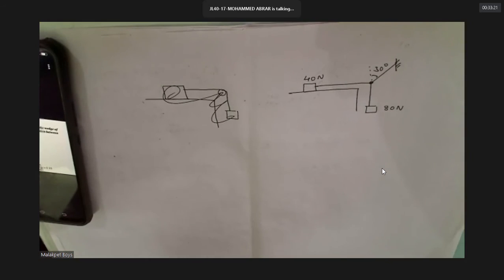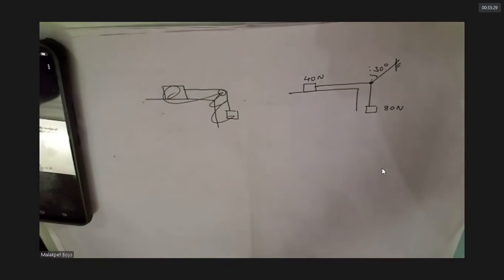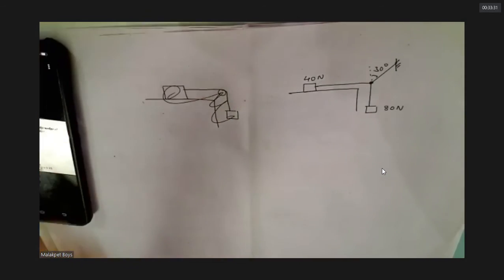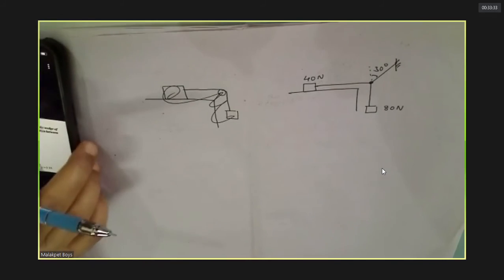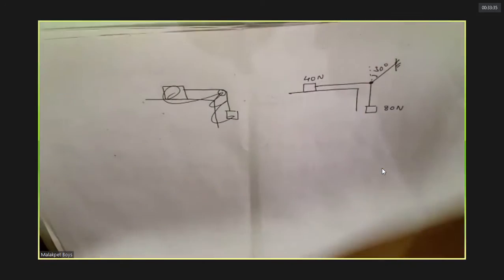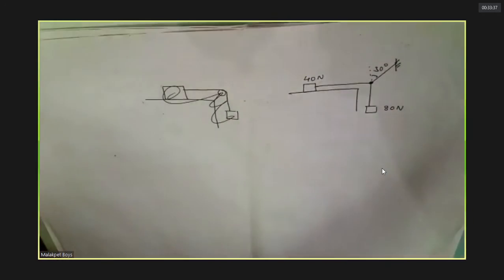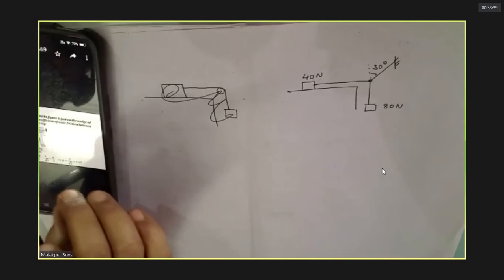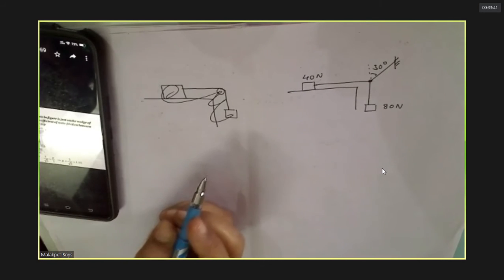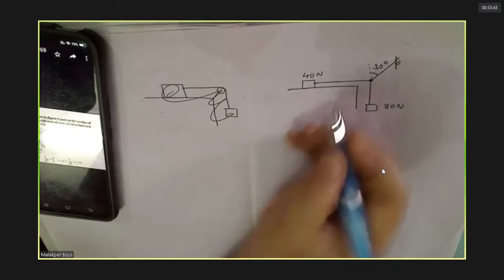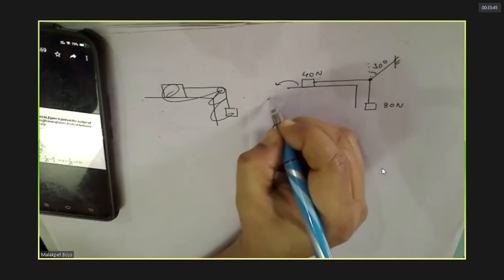Yes, sir, it is 80. Okay. Assuming it is 80, what does he need? Find the coefficient between the block and the tabletop. He is asking this.